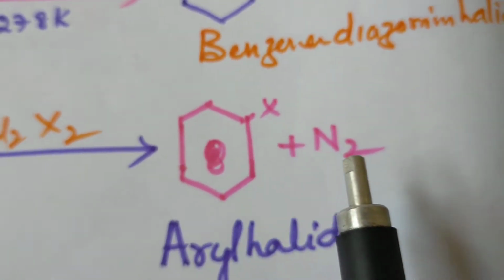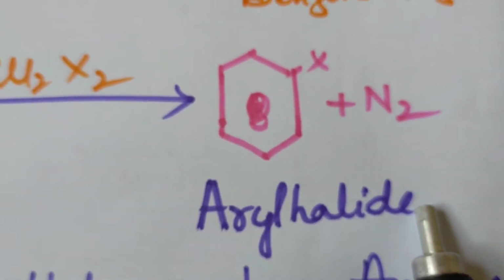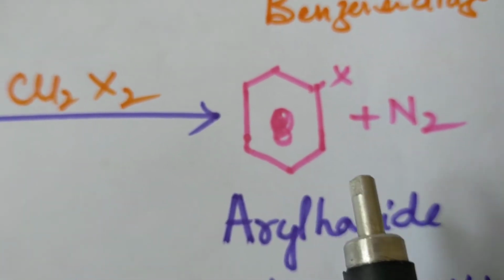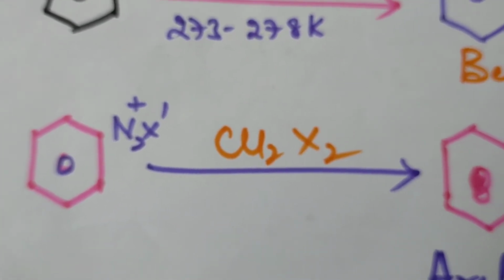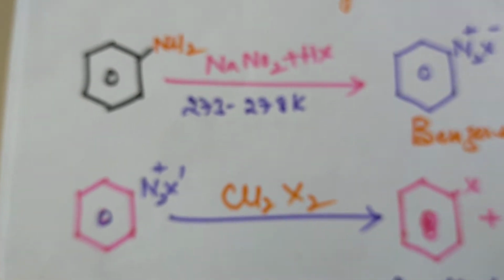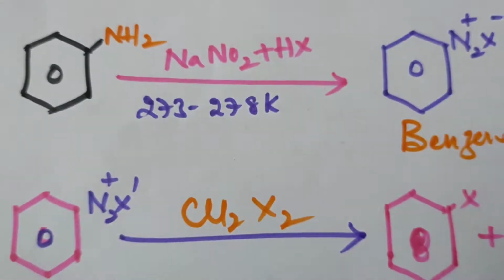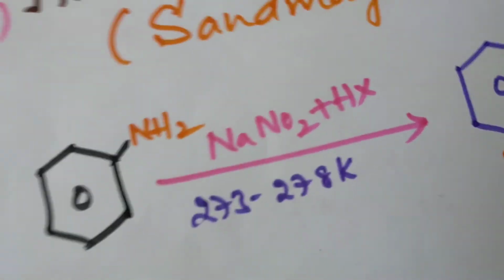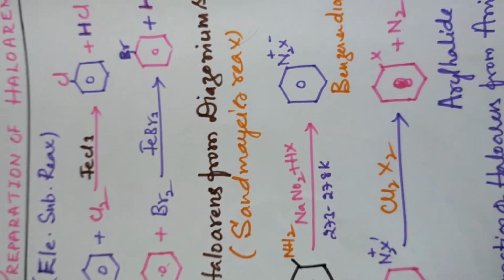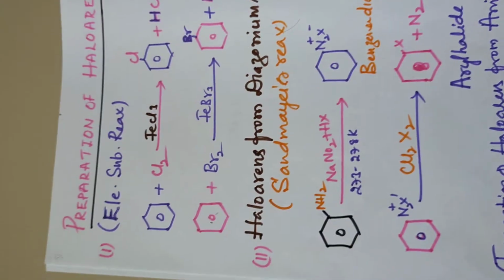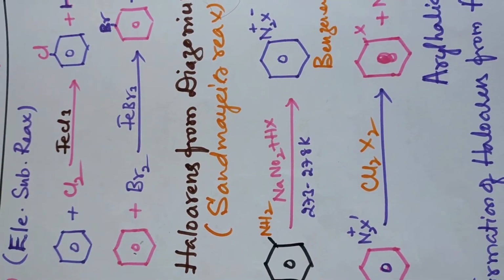It forms aryl halide or haloarene. This is one of the methods of formation of haloarenes using the benzene ring. These are benzene compounds with halogens, called haloarenes.